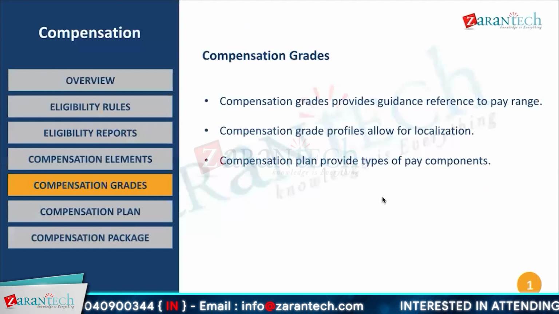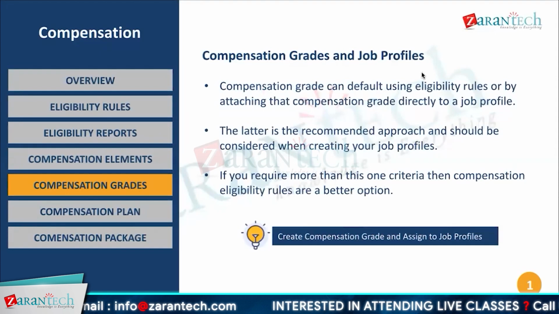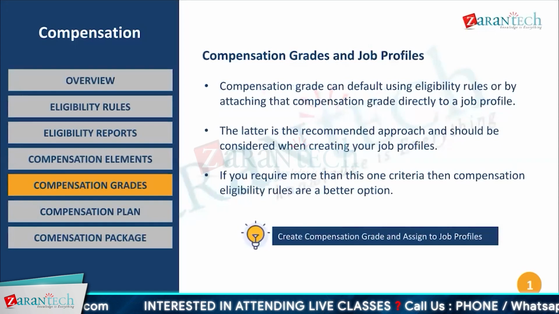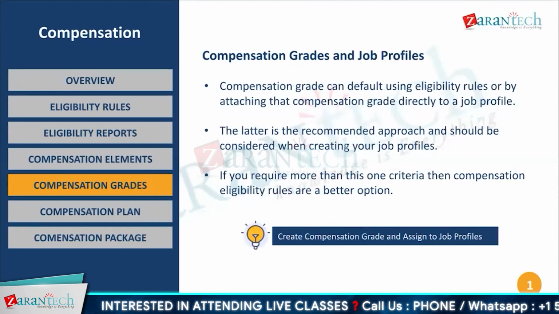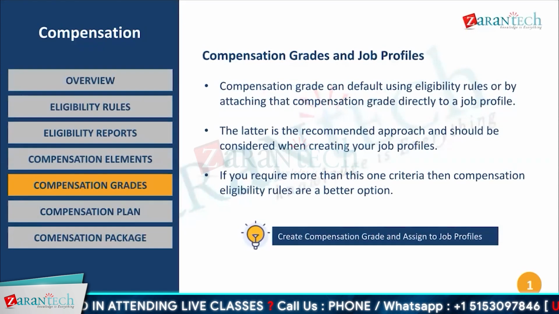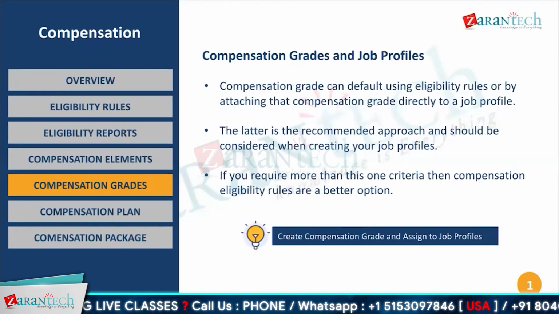Compensation grades, we already discussed it. This is that point which I was talking about in the last example on how you can default the compensation either using a job profile or using the eligibility rules. Now, job profile is not a very favored option. The reason is you get stuck with that particular job profile.